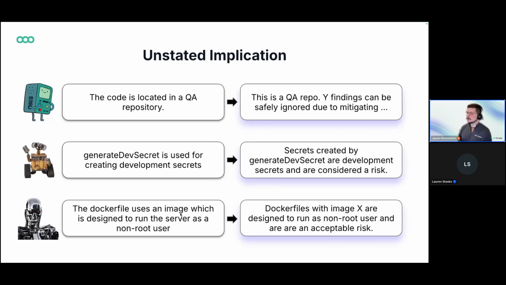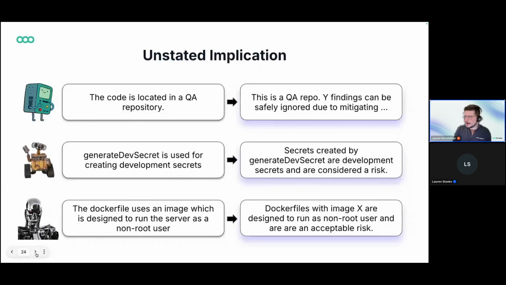What is the image? So that Assistant can easily say, it's these images that I'm looking out for. So Docker files with image X are designed to run as a non-root user and are an acceptable risk. So that is the category of unstated implications, where we're just not being clear enough about what we want out of Assistant, which will lead to unpredictability in its responses.